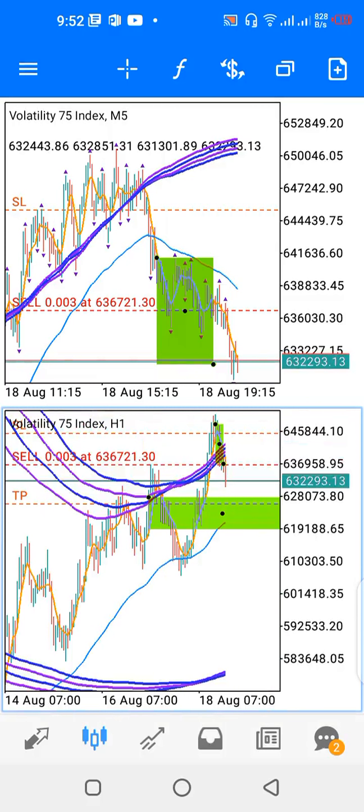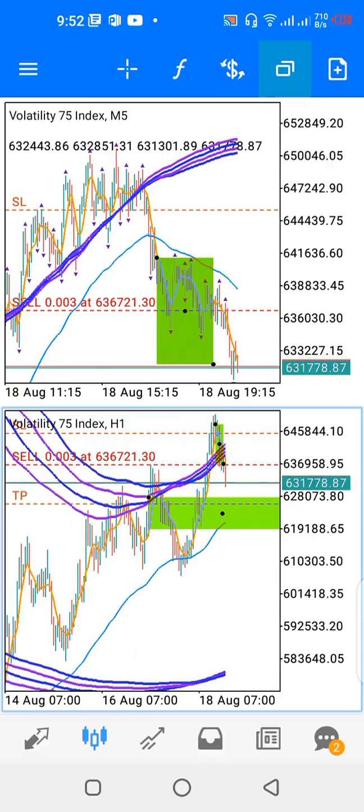Now you can divide your MT5 screen for Volatility 75 Index by coming to the upper part of your MetaTrader charts. The first part, you have the crosshair, you have the indicators, you have the symbol, then you have the window.